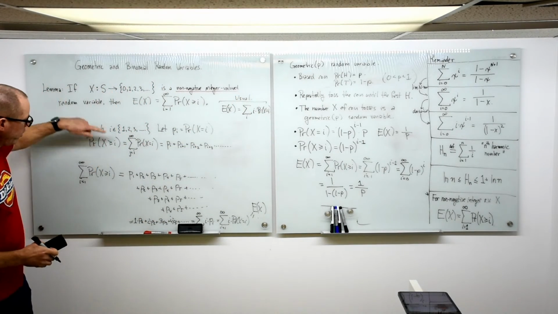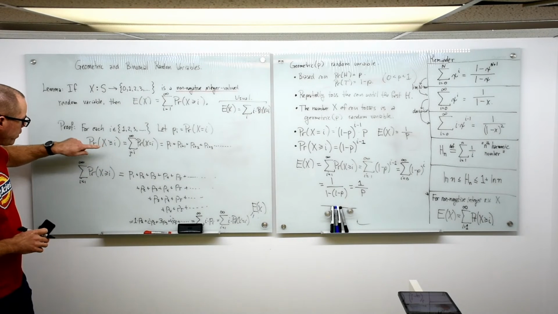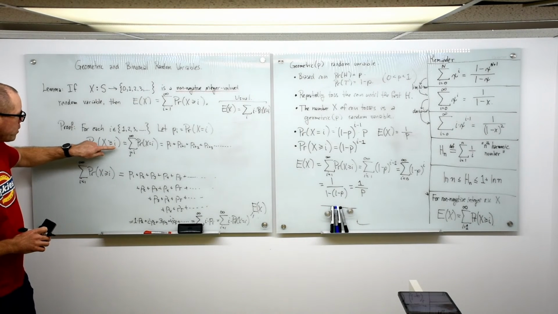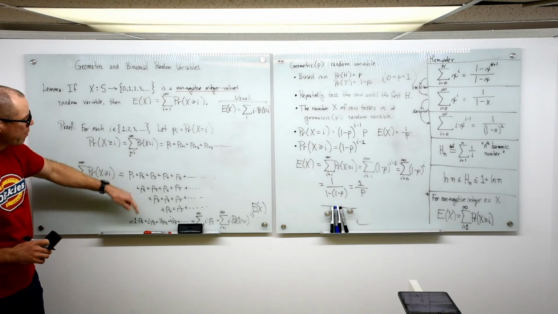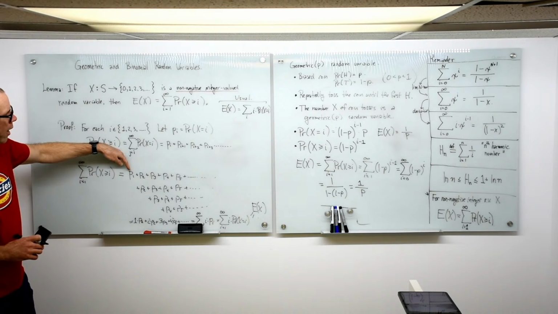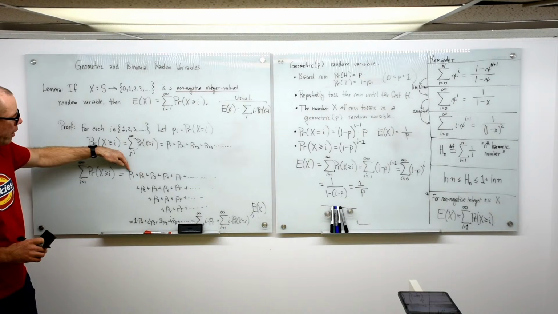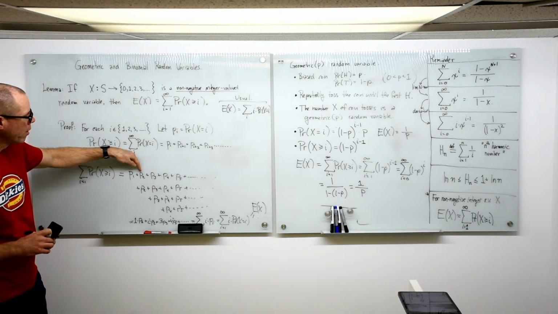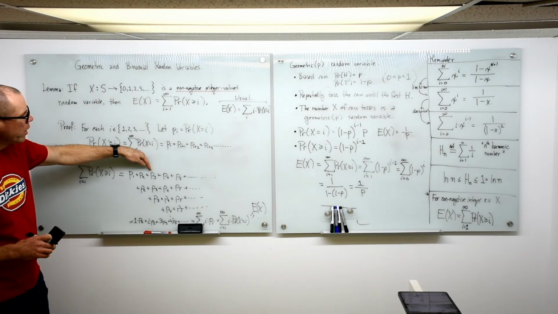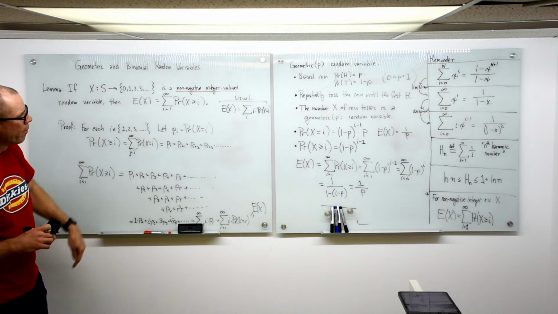And here we're showing that if you take the probability that x is bigger than or equal to I and sum that, you end up with the same thing, because the probability that x equals 1 appears once in the sum, the probability that x equals 2 appears twice in the sum, the probability that x equals 3 appears 3 times in the sum.